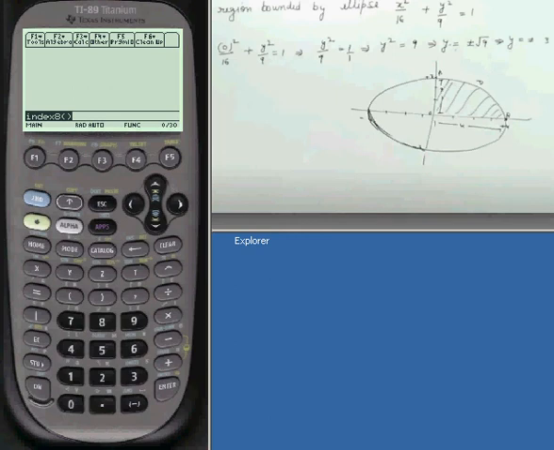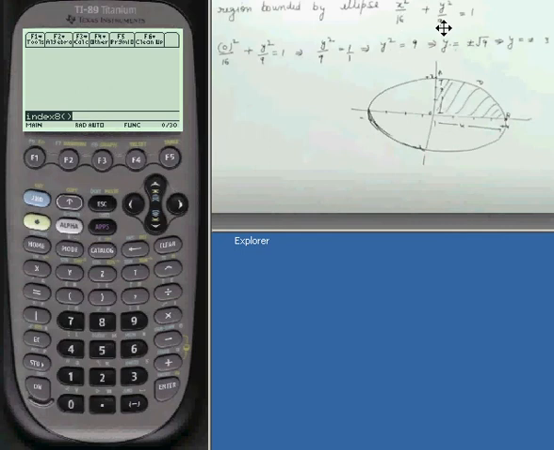This is a calculus problem regarding ellipses, and the problem in the test was: find the area of the region bounded by the ellipse, and this is the equation, a standard ellipse equation. Let me explain a couple of things about ellipses.